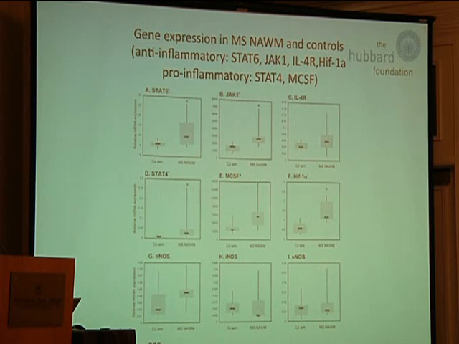You can look at the blood-brain barrier in terms of gene expression. There are certain genes that are expressed by the blood-brain barrier, so the left side columns are normal, and the right side are in MS. So in general in MS, all of these factors that control endothelial permeability are abnormal.